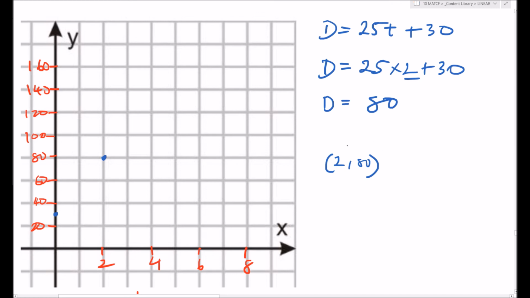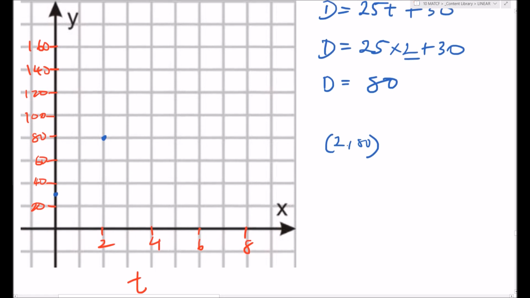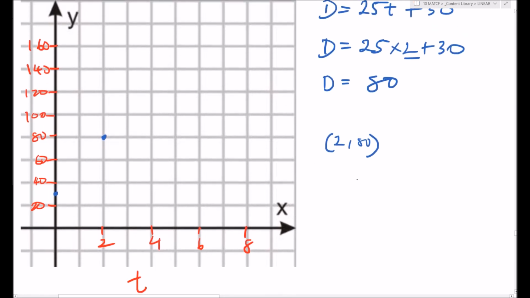Okay, let's see. I'll use 4 because I think if I use another number higher than 4, it will go beyond the graph. So in this case, my formula is D equals 25t plus 30. I change t to 4, so D equals 25 times 4 plus 30.